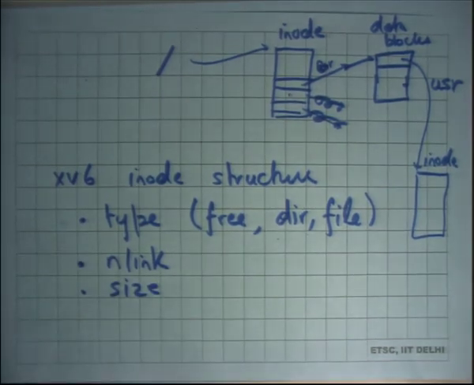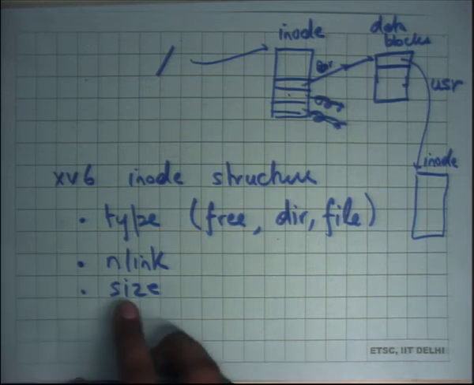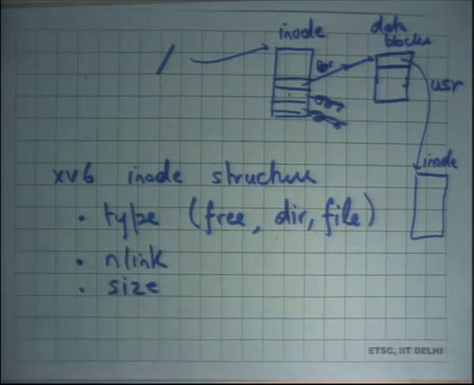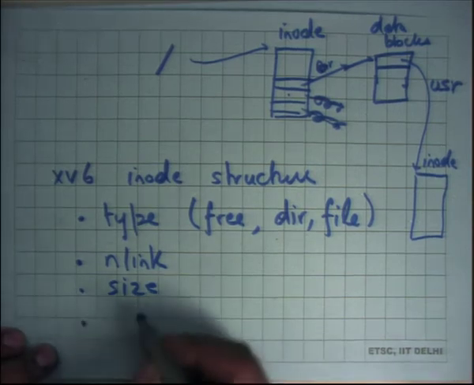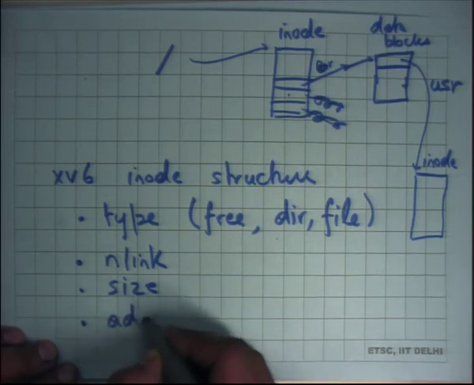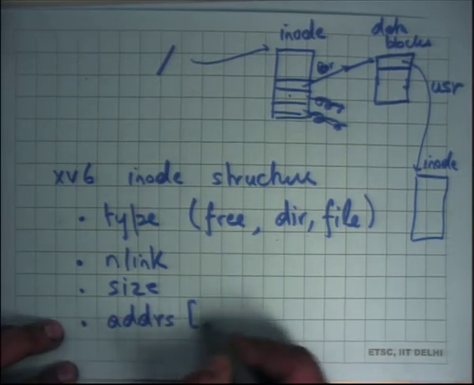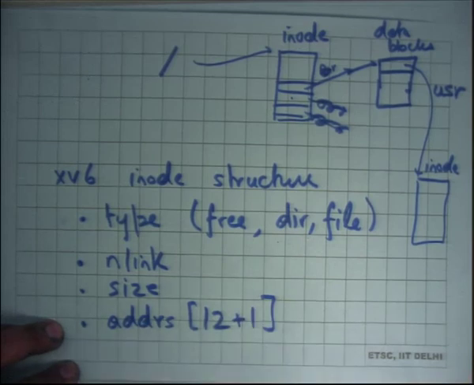The size means the size of this file for a file, and for a directory it means the number of directory entries times the size of the directory entry. So in both cases, size means the size of the data blocks, or the size of the useful content in this file or directory. And then you have the addresses or pointers, recall the 12 plus 1 thing. Direct and indirect.